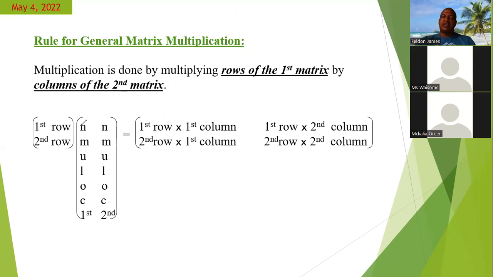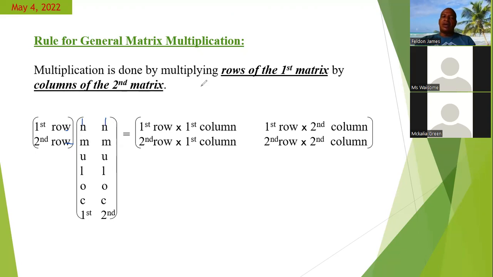We use first row times first column, then first row again times second column. After we finish using the first row, we go to the second row. So we use second row times first column, then second row again times second column.